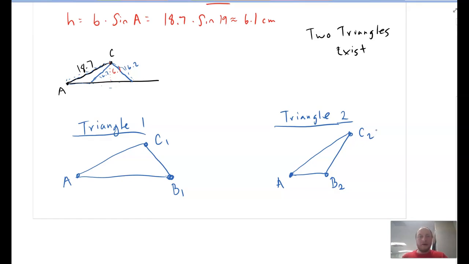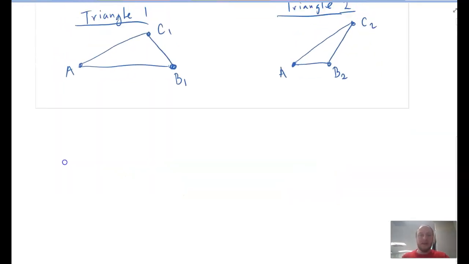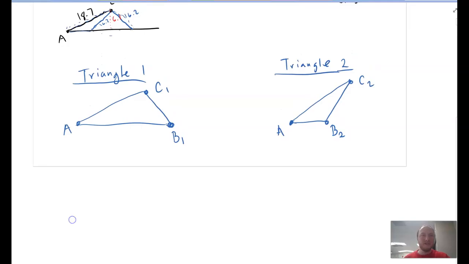So we're going to need to find all the missing angles. I do know that A is 19 degrees. I know that this side is 18.7, and that side A on both triangles is 16.2.